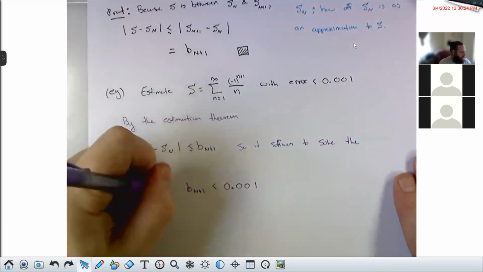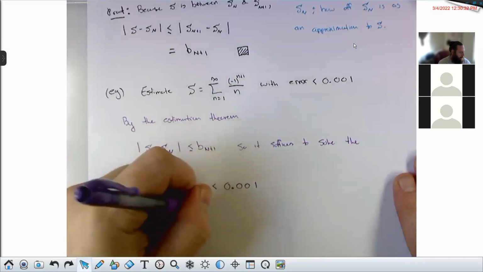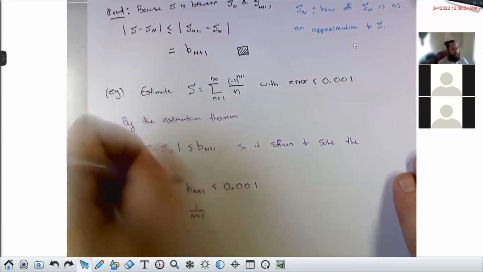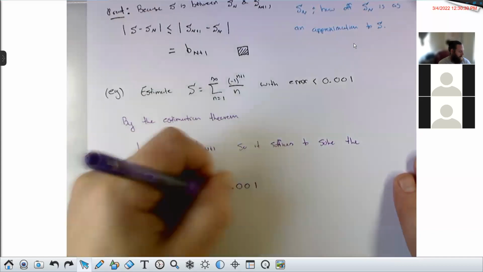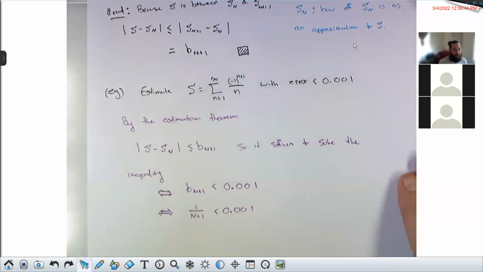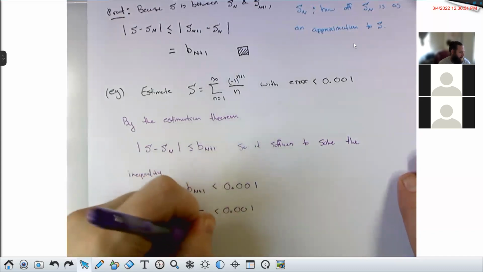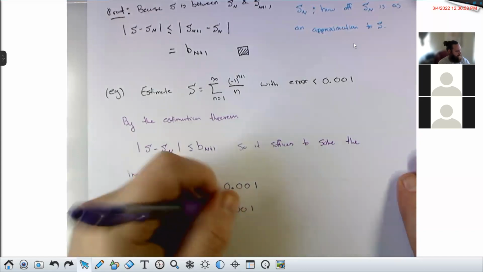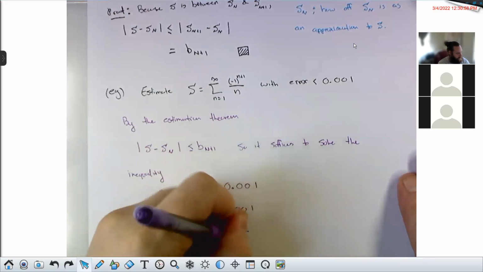This will tell me how many terms I need. Bn is 1 over n, so Bn plus 1 is 1 over n plus 1. So this gives me 1 over n plus 1 is less than 1 over 1,000.